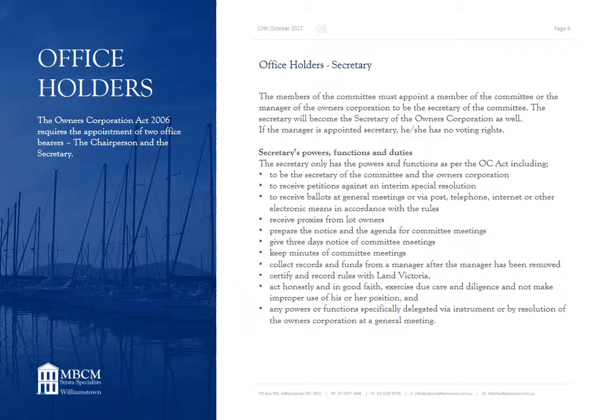We just like to mention that the secretary is a very important role for the manager. They're really the pivot point, I suppose, between the committee and the manager. In the instance of a general ballot decision that's required by the committee, and this might be via email, the manager generally is sending out an instruction or a query with a recommendation to the secretary, and then the secretary is distributing it among the other committee members, coming back with a decision on how the committee wish to proceed.